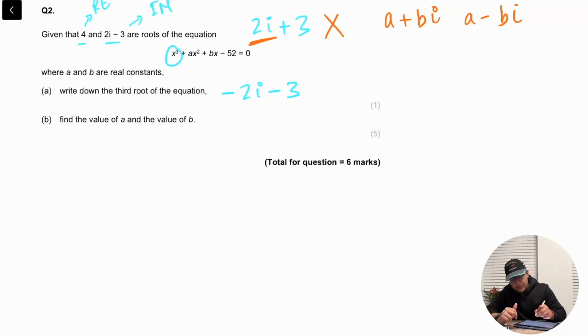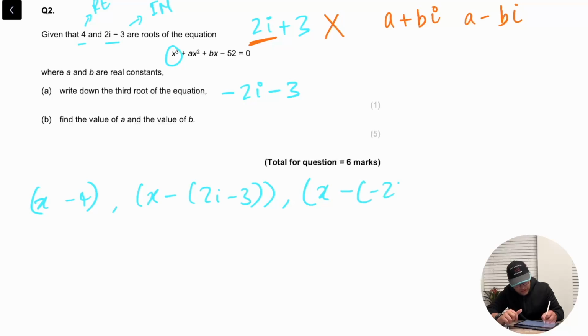And you can just use that and say that because you know 4, 2i minus 3 and minus 2i minus 3 are roots, you know that x minus 4, x minus (2i minus 3) and x minus (minus 2i minus 3) are all going to be factors of this cubic. Now if I just replace the commas with multiplication signs, this will for sure lead us back to our cubic.